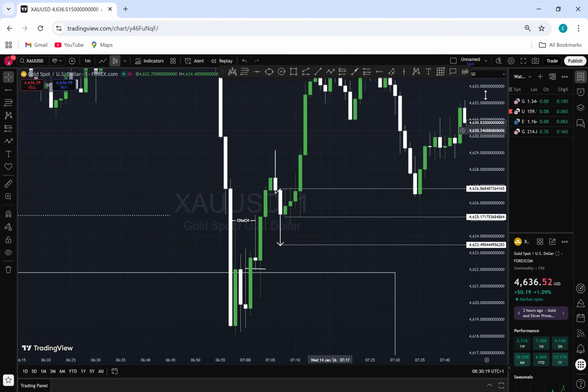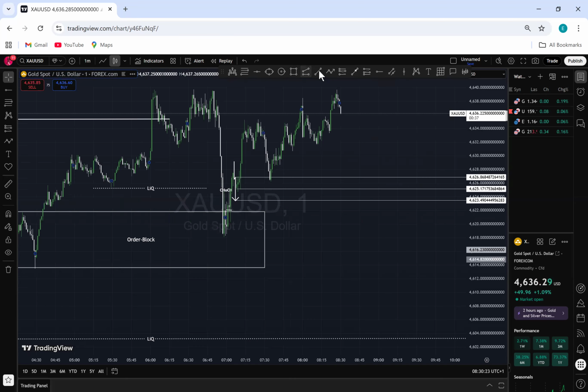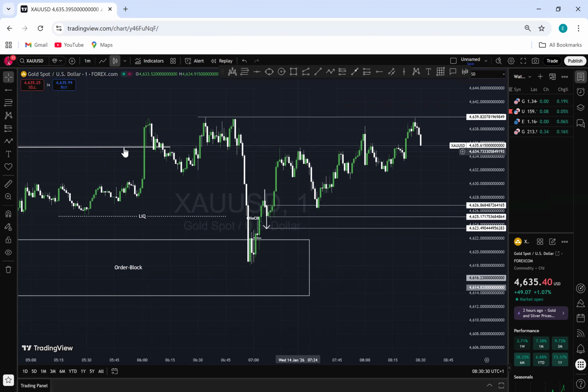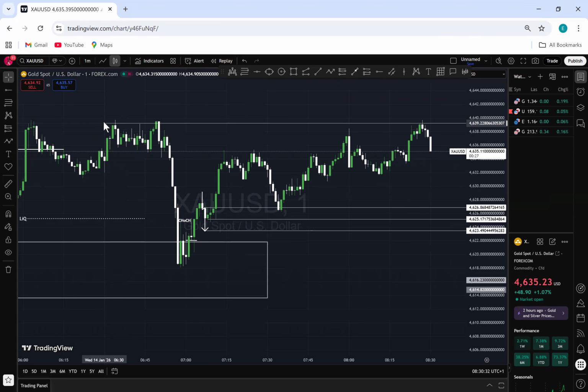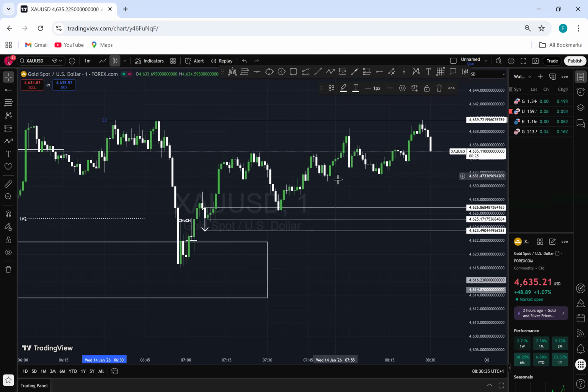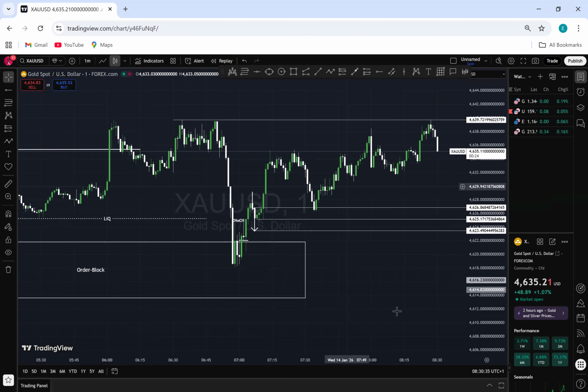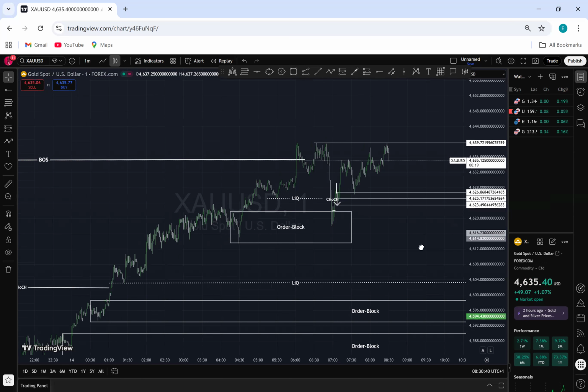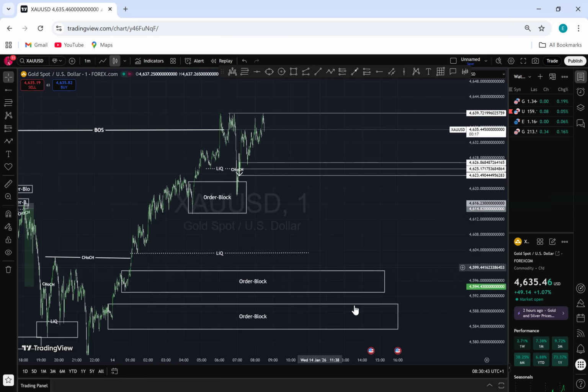So since this has been mitigated, or this area has been taken out, we will now wait for price to come into any of these areas, right?